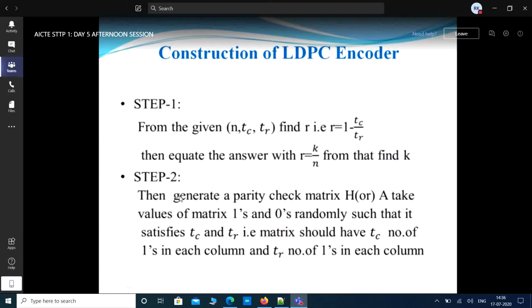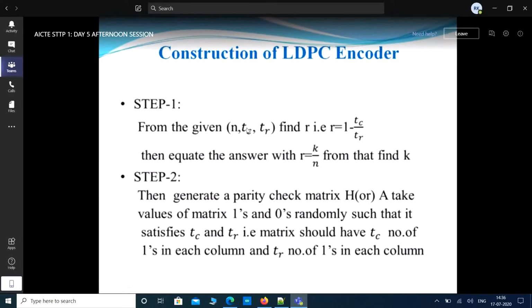And the second step is to generate a parity check matrix, taking values of the matrix, ones and zeros, randomly such that it satisfies TC and TR. Suppose the parity check matrix H is not given, how do we generate it?